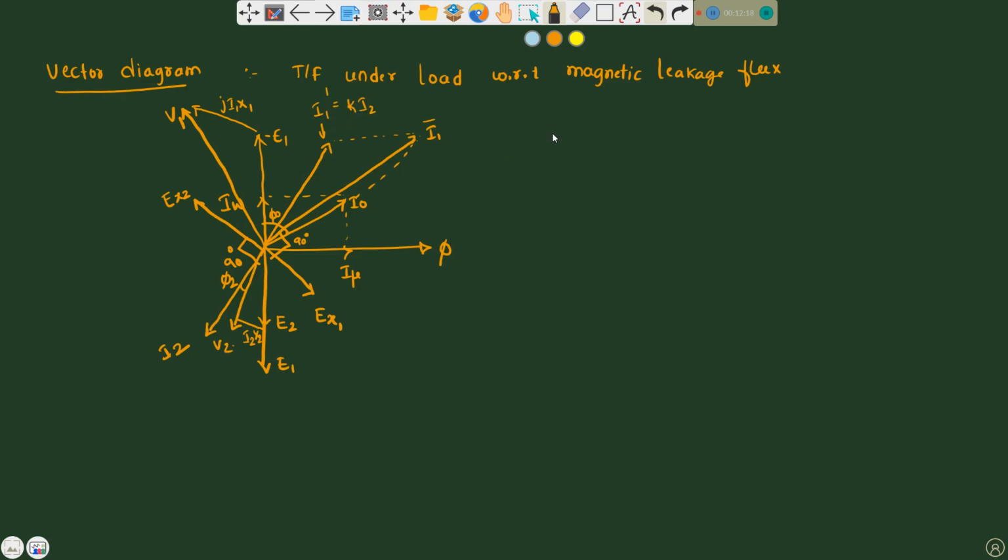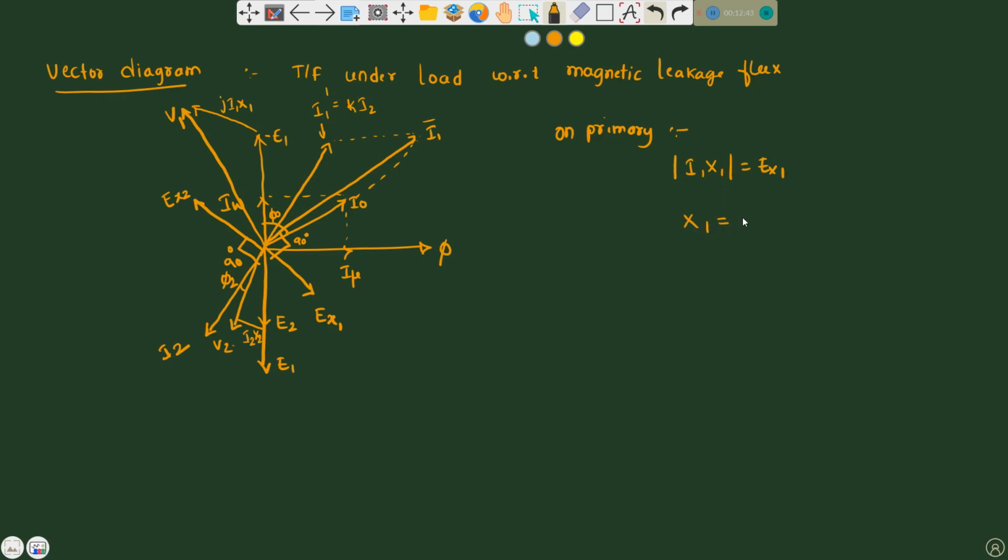As I said, on the primary side we are going to consider that the EMF due to leakage flux equals the drop across the imaginary inductive reactance. This will be on the primary side.